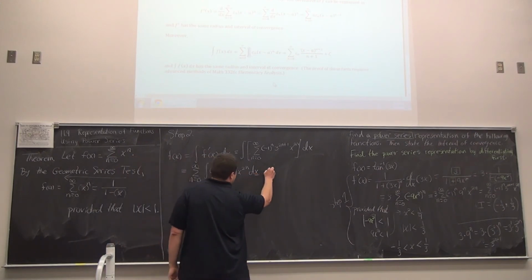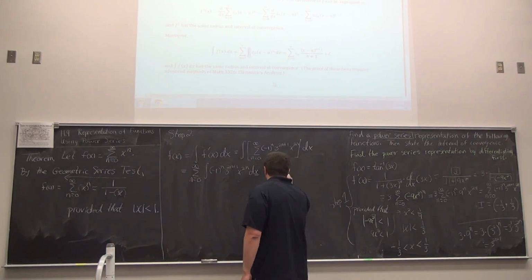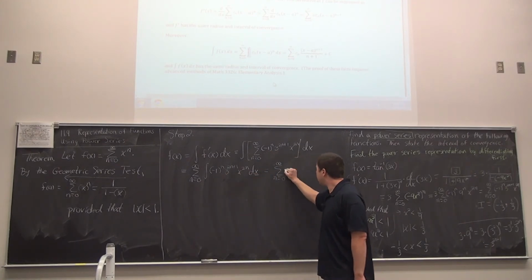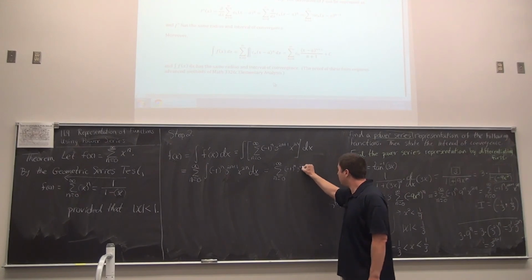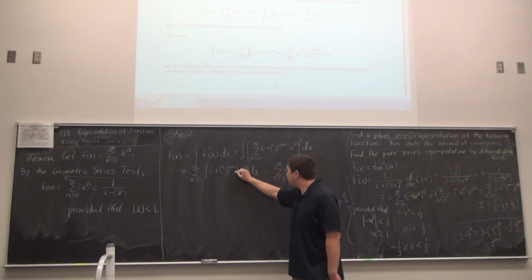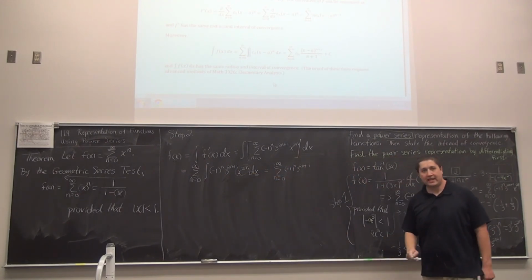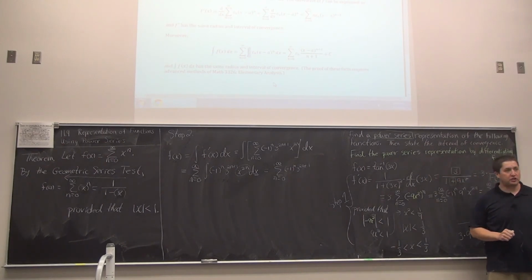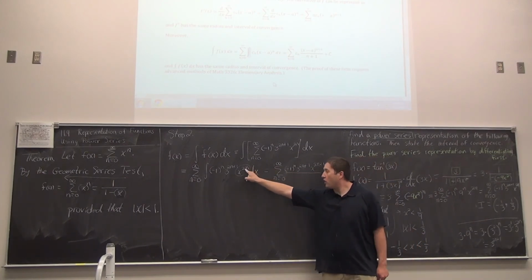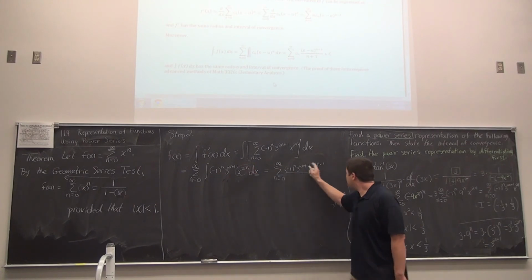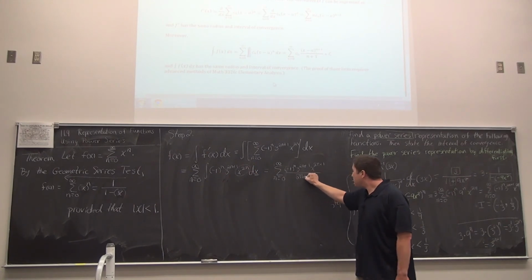So it turns into the summation as n goes from 0 to infinity of, no change here, negative 1 to the power of n, no change here, 3 to the power of 2n plus 1. There is a change right here. What would be the antiderivative of x to the power 2n? x to the 2n plus 1 over 2n plus 1.